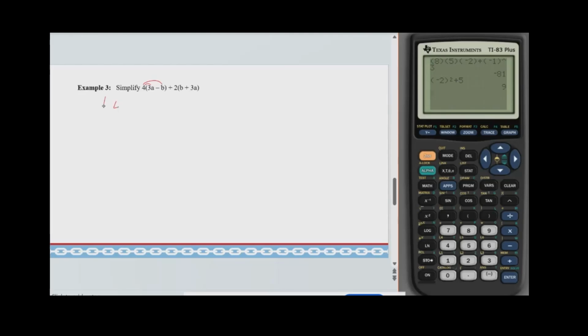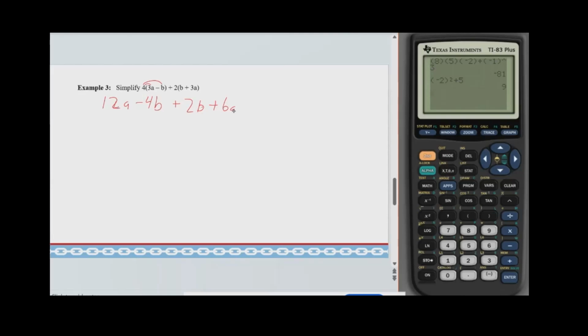Right, so I get 12a minus 4b plus 2b plus 6a. Right, 2 times b is 2b. 2 times 3a is 6a.